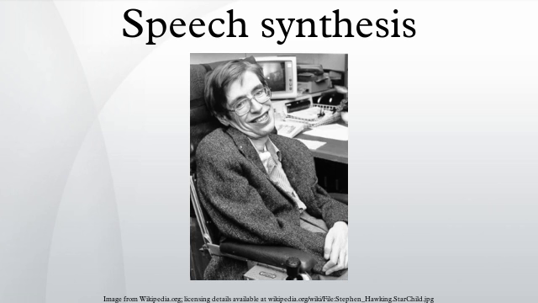This was followed by the bellows-operated acoustic mechanical speech machine by Wolfgang von Kempelen of Pressburg, Hungary, described in a 1791 paper. This machine added models of the tongue and lips, enabling it to produce consonants as well as vowels.